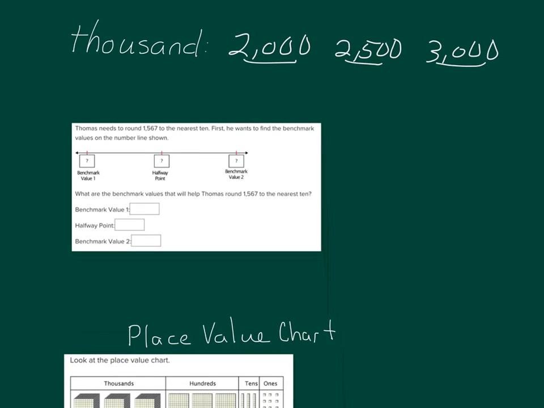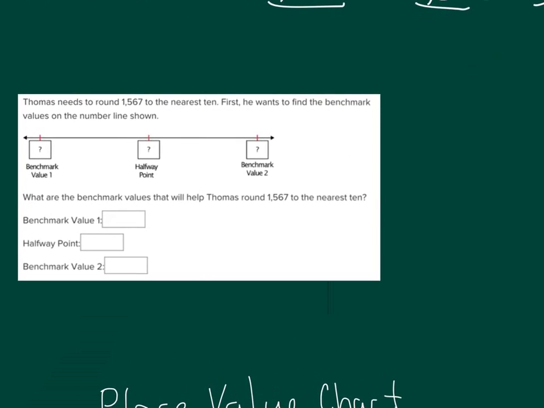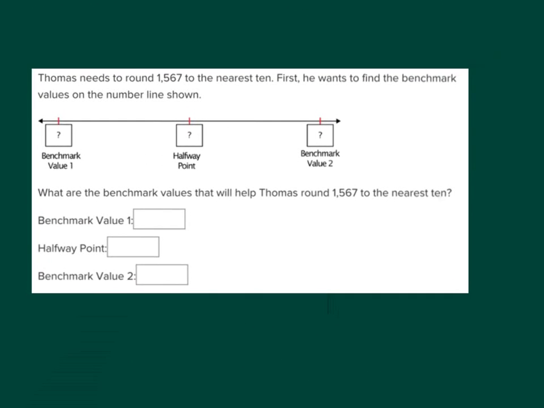So, look at the problem. Thomas needs to round 1,567 to the nearest 10. First, he wants to find the benchmark values on the number line shown. So our first step is to find the number that is in the tens place, which is 6.